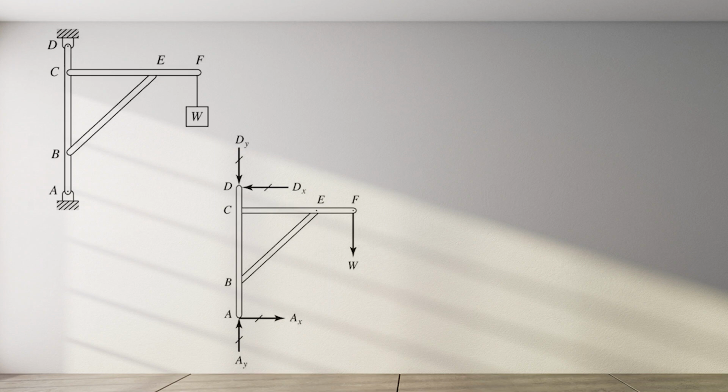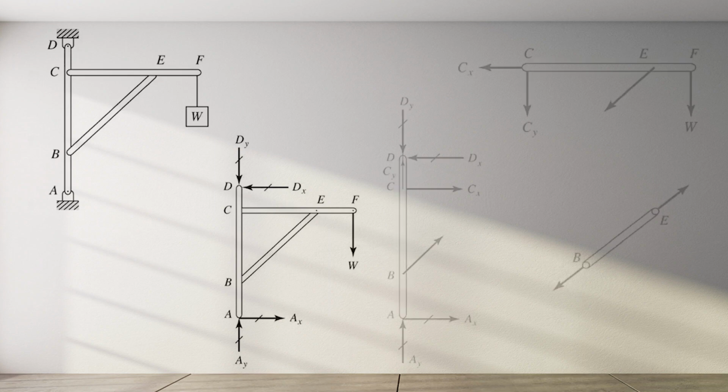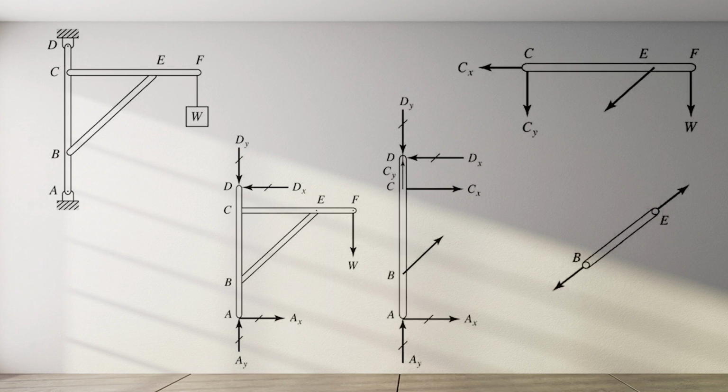Mathematically, this problem is not solvable because the requirement for complete solution is that the number of unknowns must be equal to the number of equations relating these unknowns. To obtain a solution, disassemble the frame and draw free body diagrams for each member.